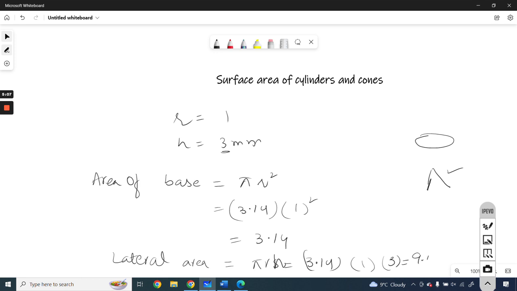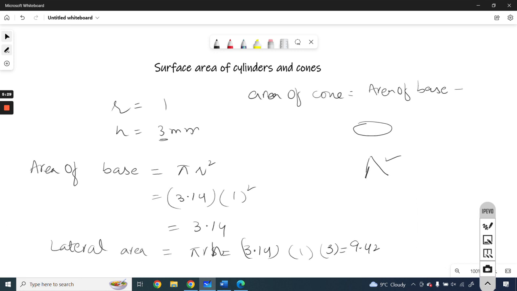So now we have done with the area of both the shapes individually. Now you have to find the area of the complete shape. Got it? For the area of the cone, you have to add both the areas. You have to add the area of base plus the lateral area.